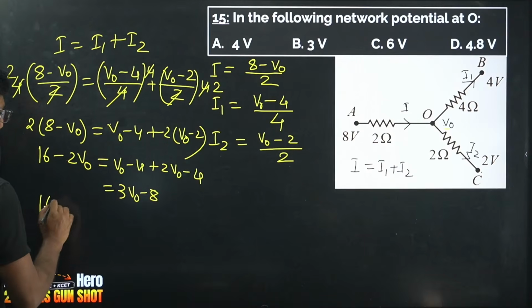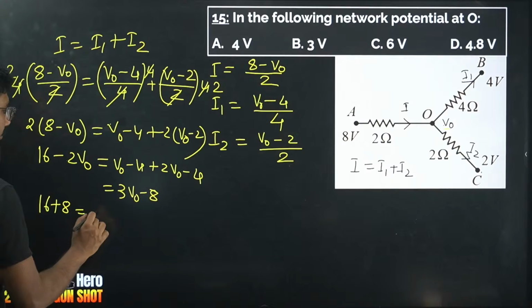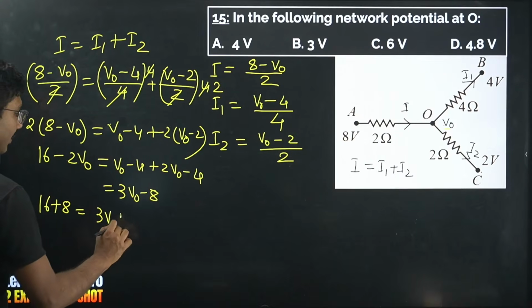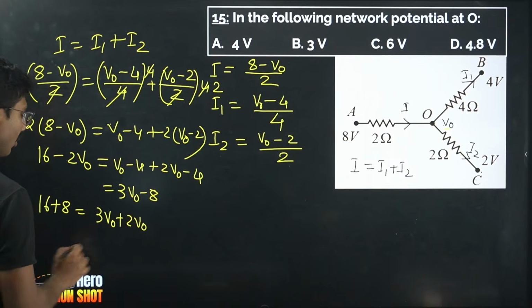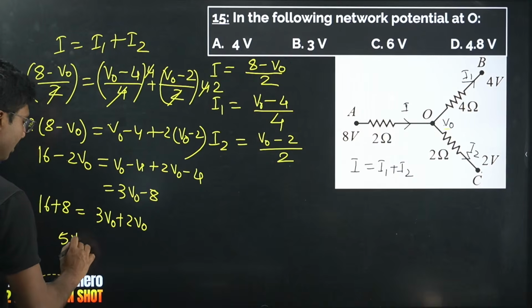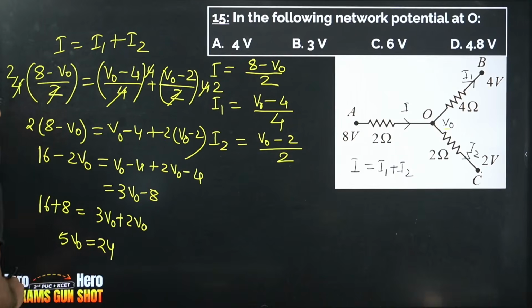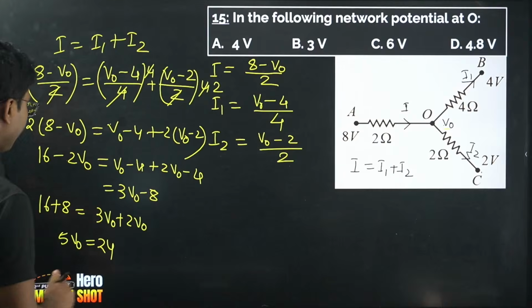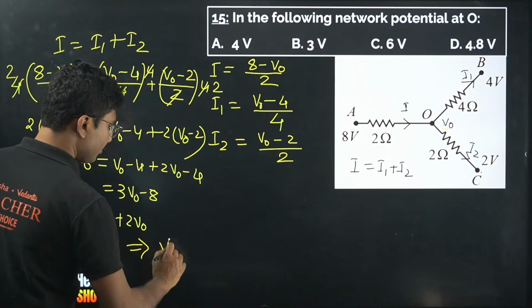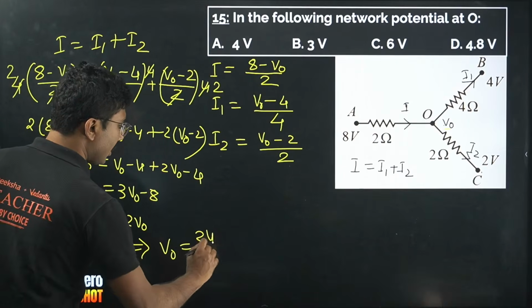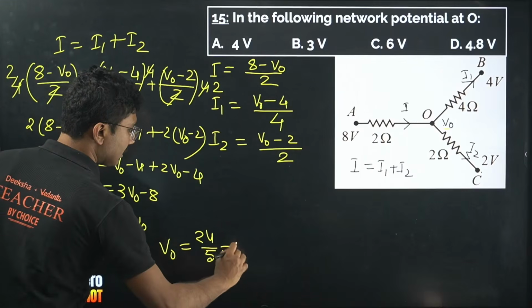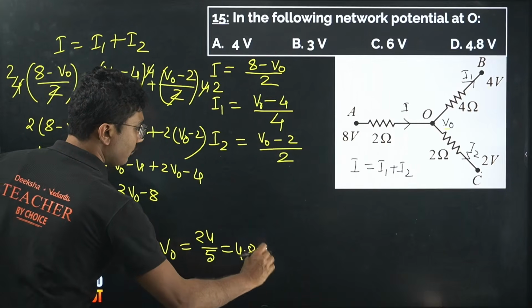So 16 plus 8 equals 3 V0 plus 2 V0, or 5 V0 equals 24. 5 V0 equals 24. So V0 should be equal to 24 by 5, that is 4.8 volt.